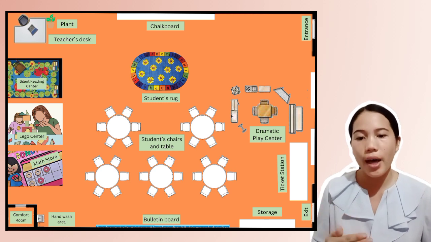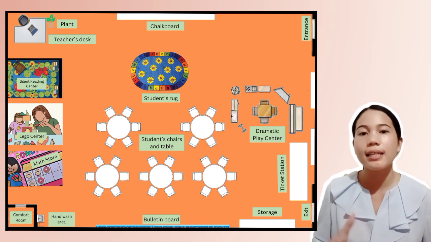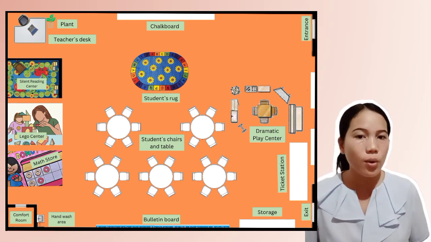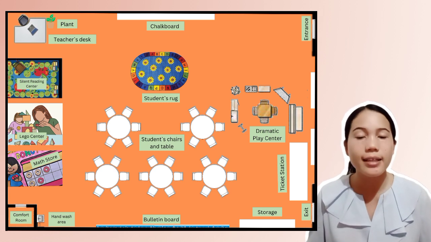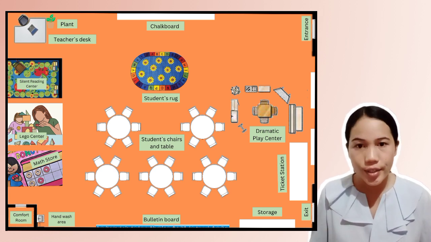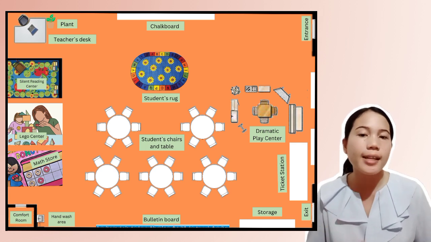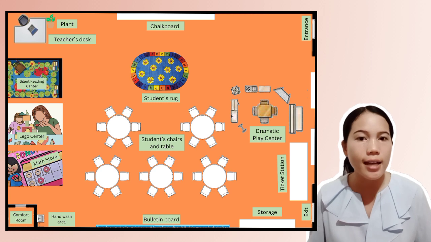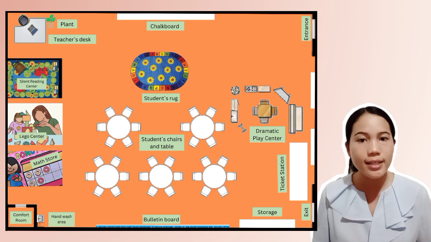And below that is the silent reading center that is intended for those pupils who have intrapersonal intelligence and linguistic intelligence, where they can practice and enhance their different intelligences, because the students here can read in a quiet place.